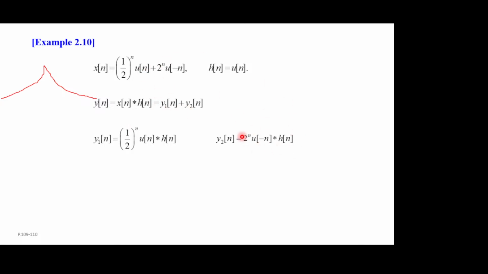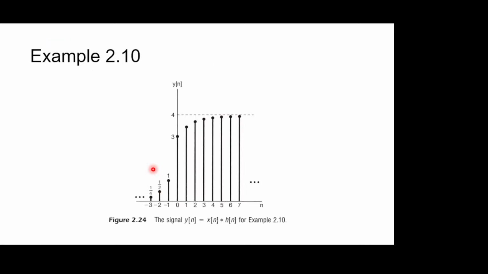We skip the convolution details, since we have seen both of them in previous examples. You need to analyze the overlap between h and x. Here's the plot of the result: something that saturates to 4 and something that decays to 0.